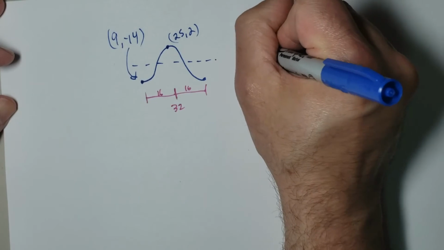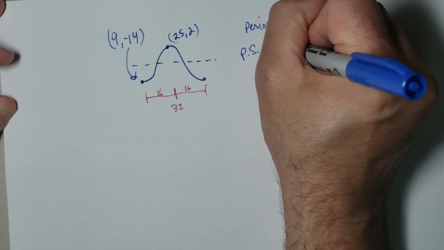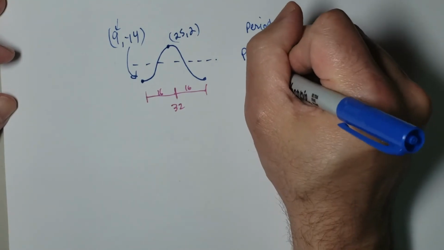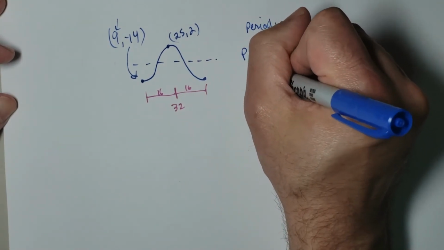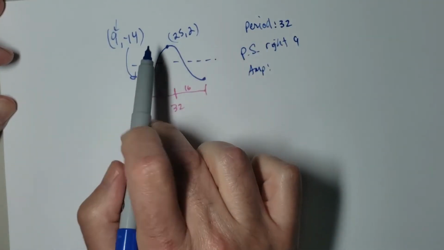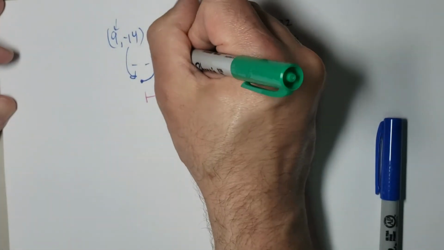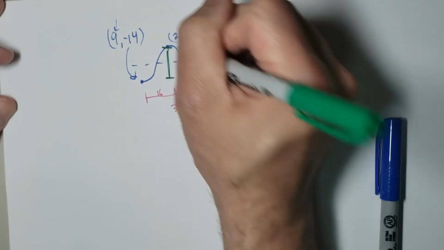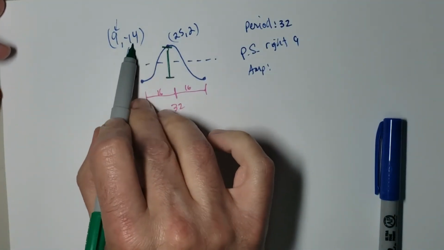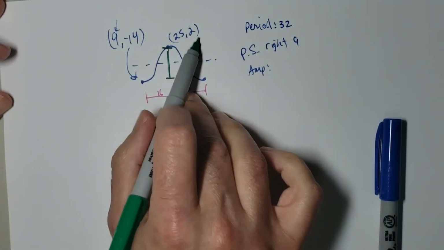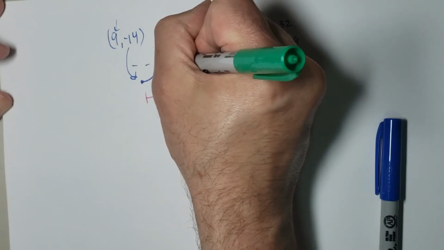The phase shift is right 9, because that first point is 9. The midline, nope, let's do the amplitude first. The amplitude is going to be whatever this total amount is here, cut in half. So if I went from negative 14 up to 2, that's 16.